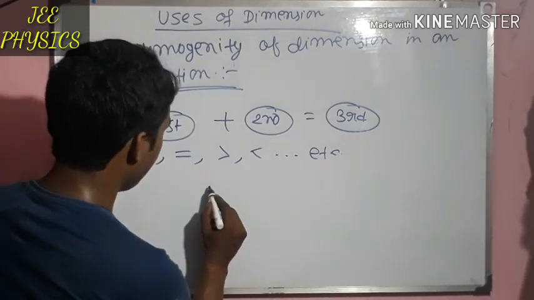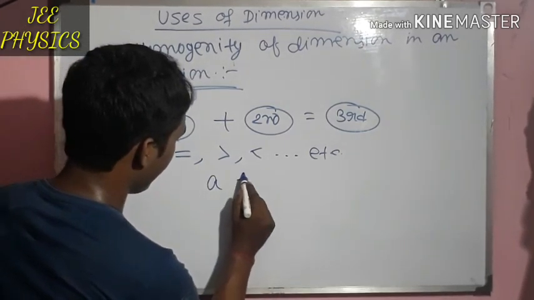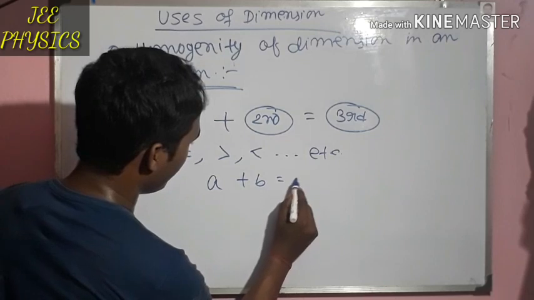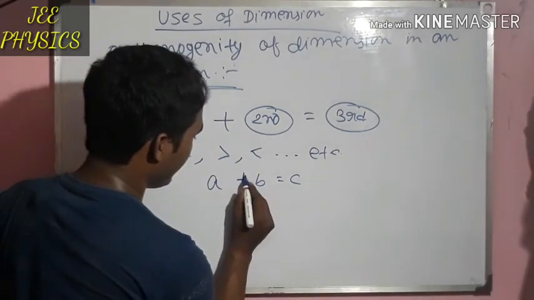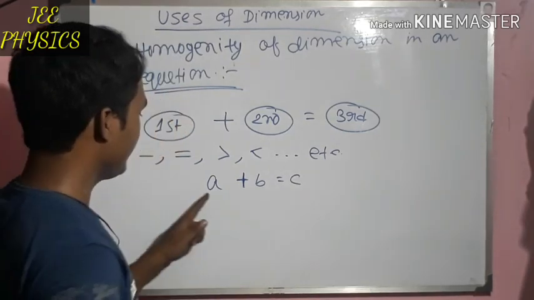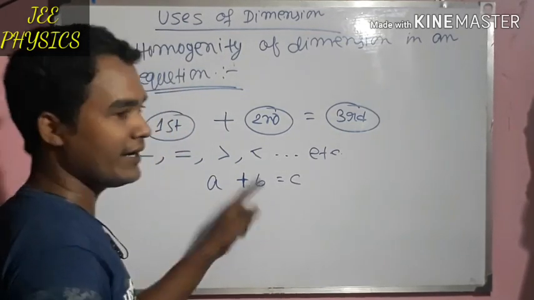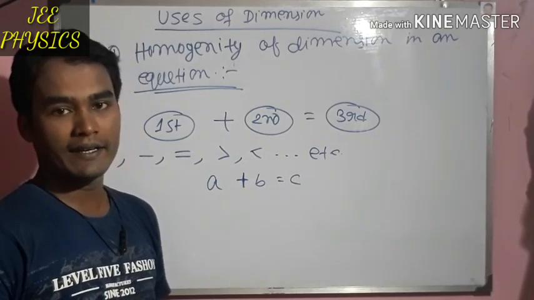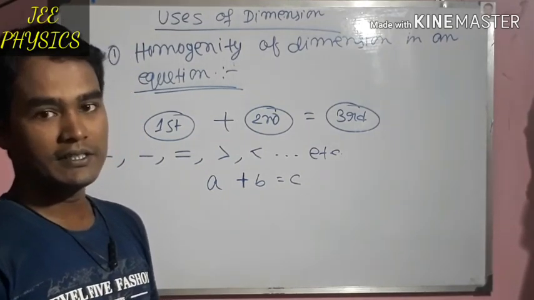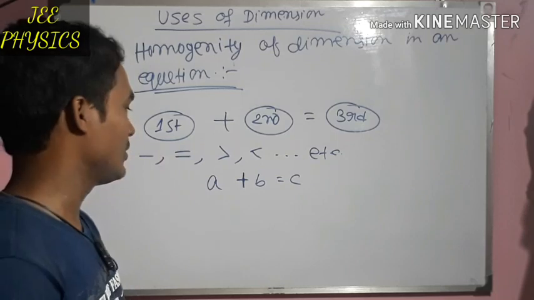Suppose you are adding two quantities A and B and you get C. As you are adding A and B, then A and B must have the same dimension, because you cannot add time with mass, distance with time, or distance with mass.